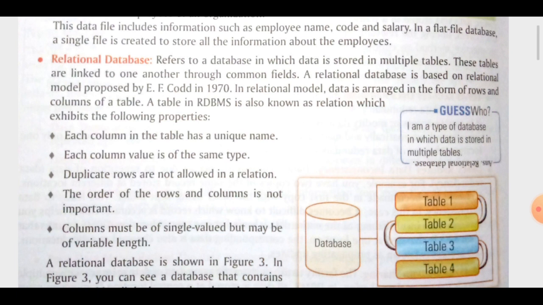Each column value is of the same type, meaning when you start entering data into a column, the column has the same kind of data. In the roll number column you will only be entering the roll number of the student. For example, an index is a very common example of a table that every one of you is aware of.